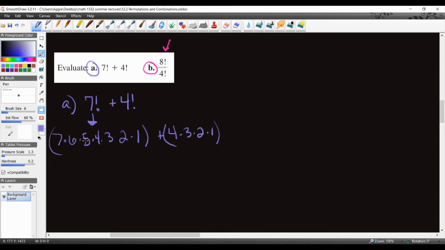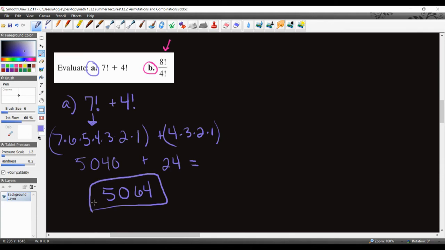I don't expect you to do this in your head, so grab a calculator. 7 times 6 times 5 times 4 times 3 times 2 times 1 is 5,040. Plus 4 times 3 is 12, times 2 is 24, times 1 is still 24. Adding these up gives 5,064. That's letter A.